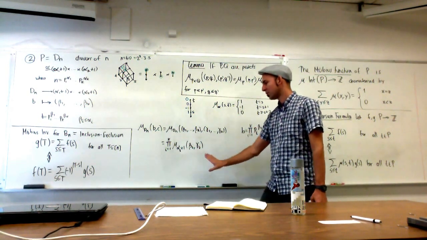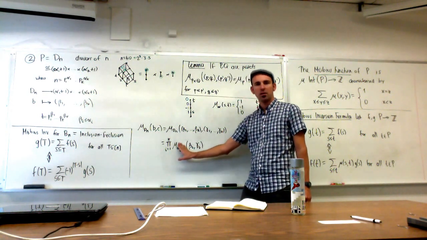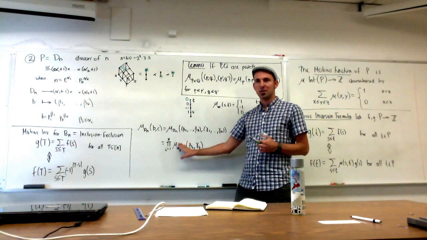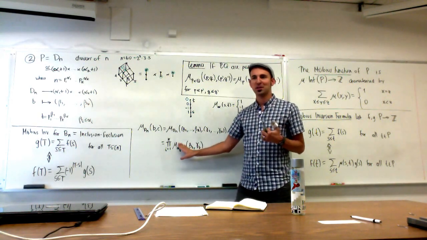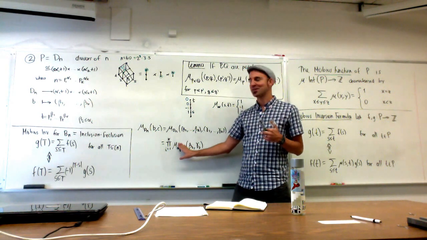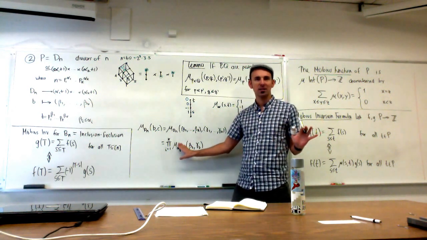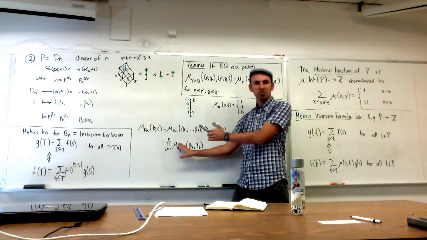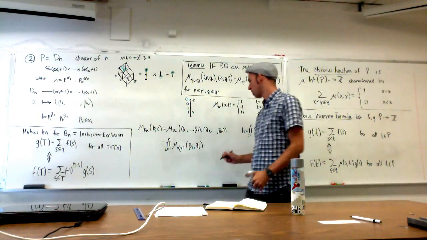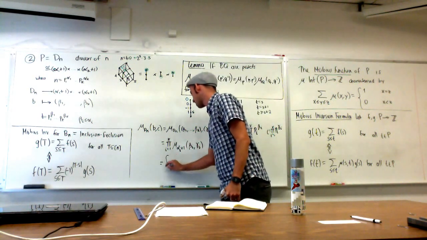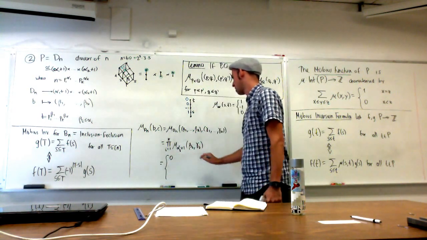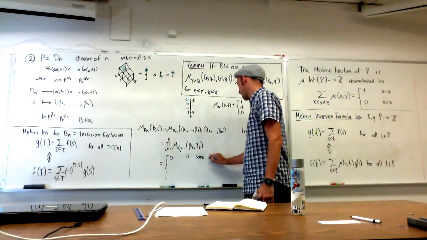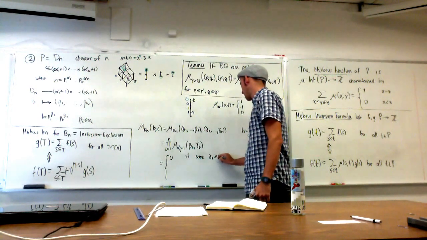You can just think of it like this. And so what is this thing? Well, it's a product of zeros, minus 1s, and 1s. Now when you multiply things, 0 is a pretty overbearing character. As soon as you have one 0, it's gone. So if you happen to have one term that's equal to 0, this thing is just 0. So this is 0 if some gamma i is greater than or equal to beta i plus 2.